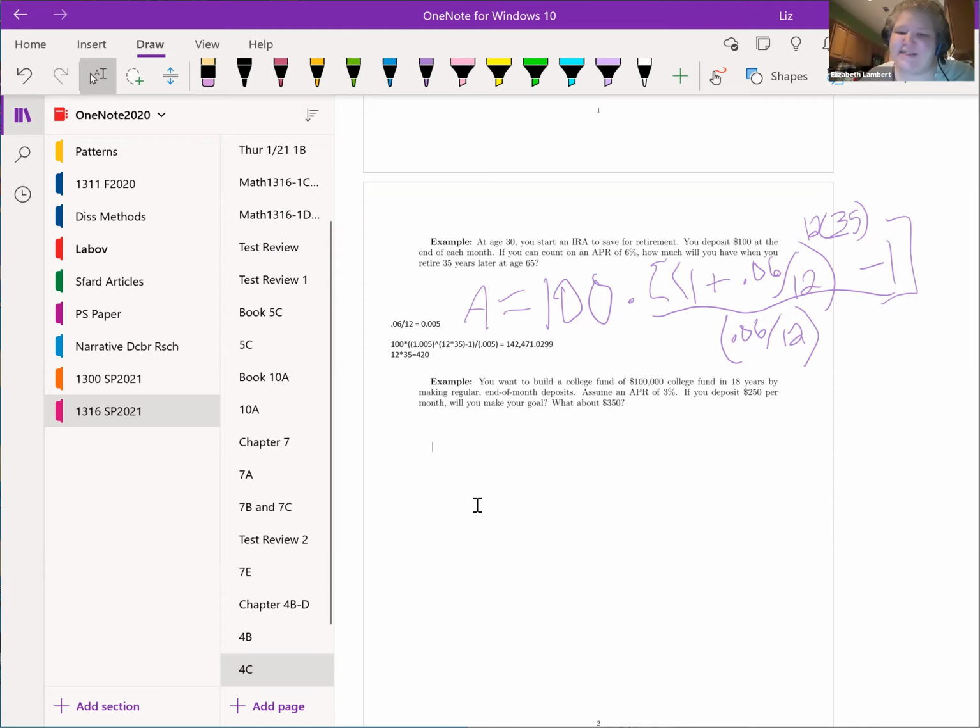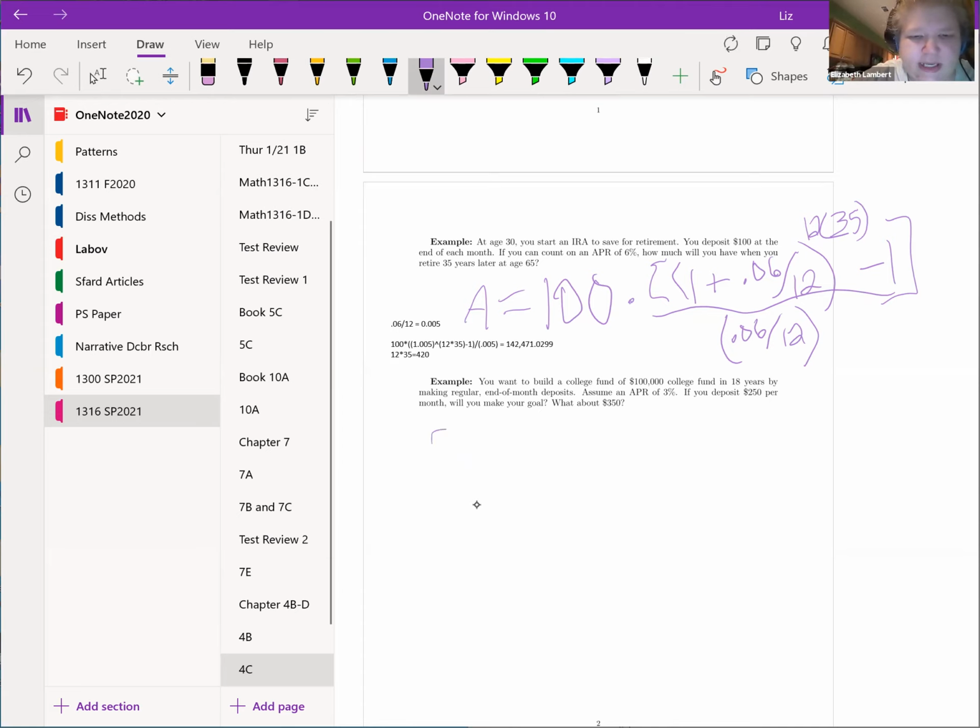Okay, so the 100,000 is our end goal. So in the formula, that goes in the A position. They did tell us our payment. In fact, I don't think we actually need to put that in right now. That's just what we're going to compare against at the end of the problem.